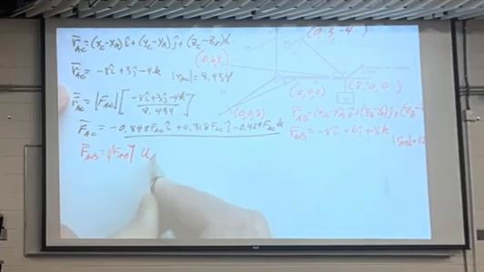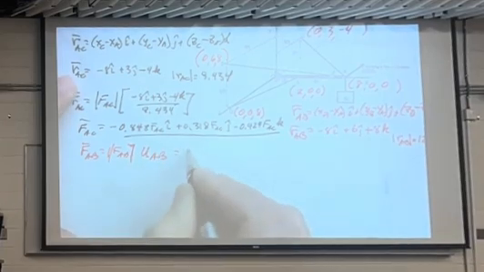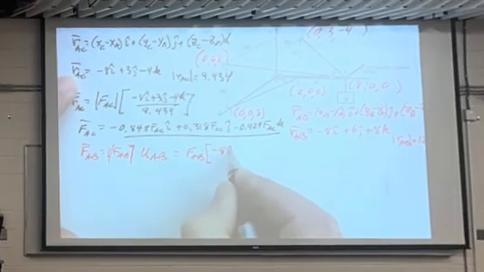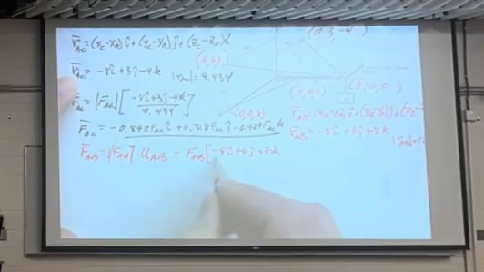Therefore, FAB is magnitude FAB times the unit vector of AB, which in this case is FAB times minus 8I plus 6J plus 8K, divided by 12.806.